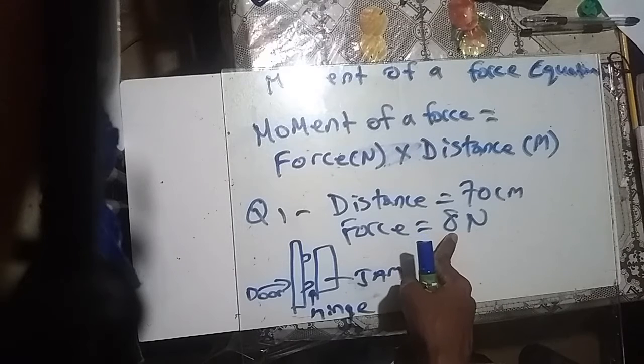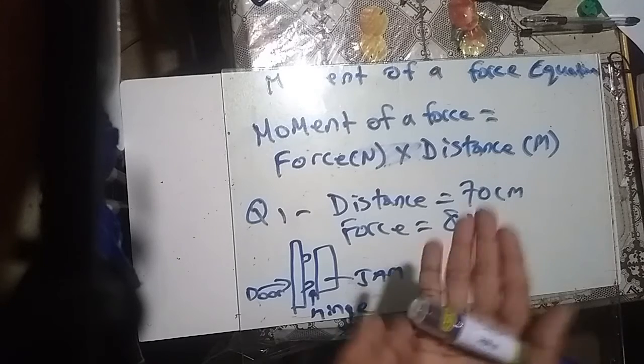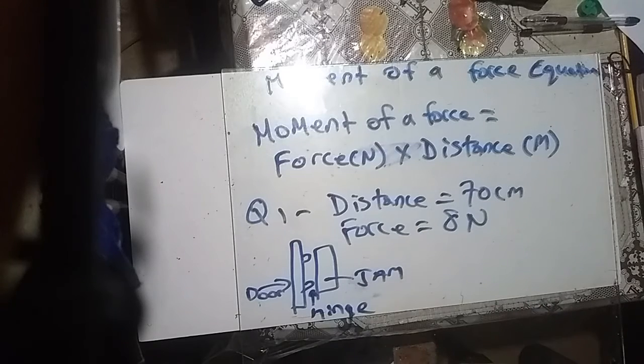Okay, they just tell us to say perpendicular, so you know the moment equation can work. Okay? Calculate the turning force, calculate the moment of the force turning the door. That is what they want, they want to calculate moments. Okay? Quite easy. You have distance, you have force. You hear that it is perpendicular away from the hinge or the pivot.